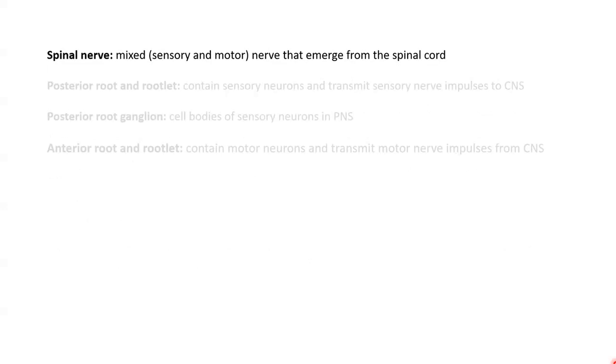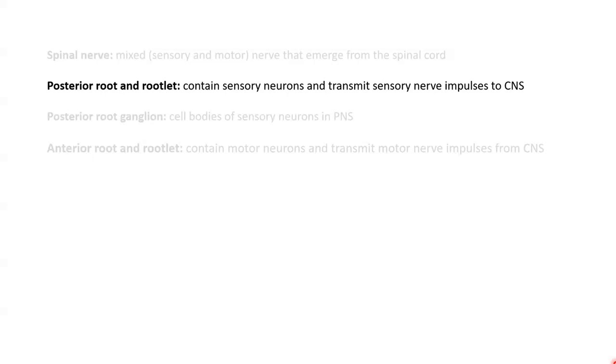We then have a spinal nerve, which is a mixed, both sensory and motor, nerve that emerges from the spinal cord. The posterior root and rootlet is what attaches it to the spinal cord on the back and contains sensory neurons and transmits sensory nerve impulses to the central nervous system.